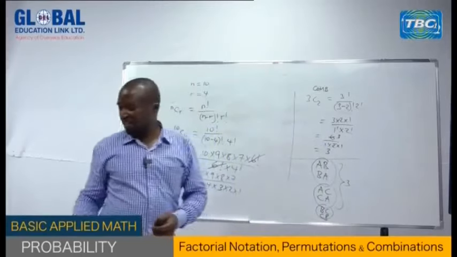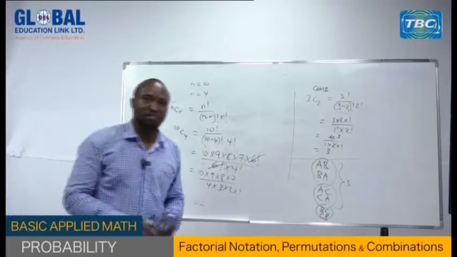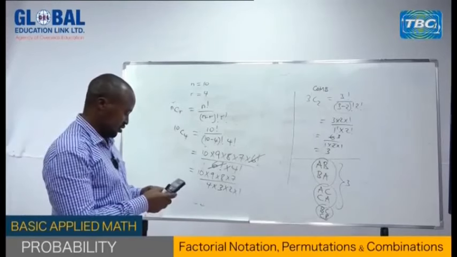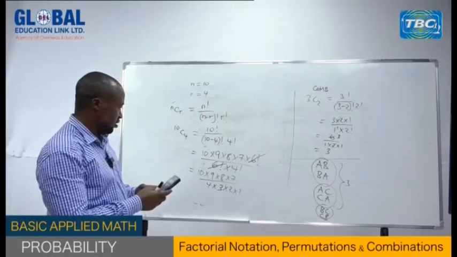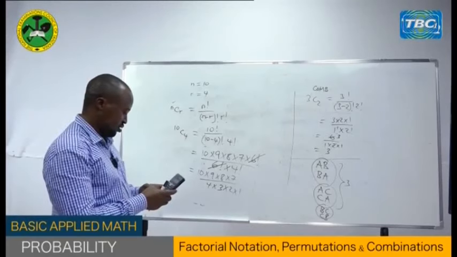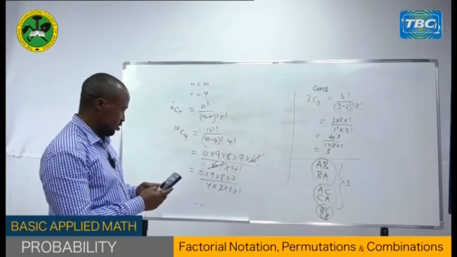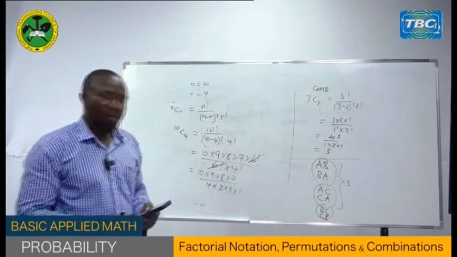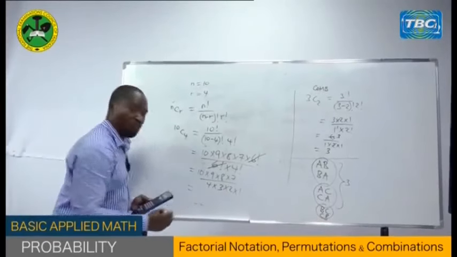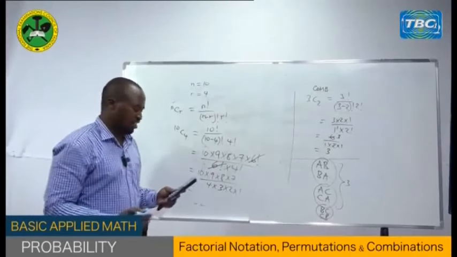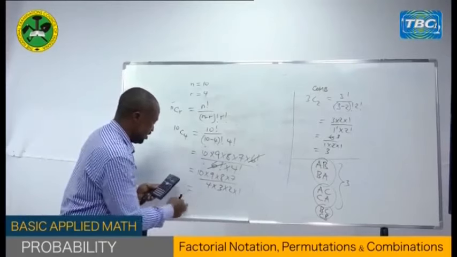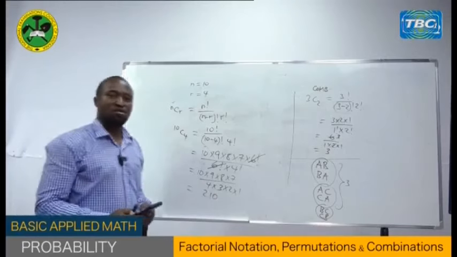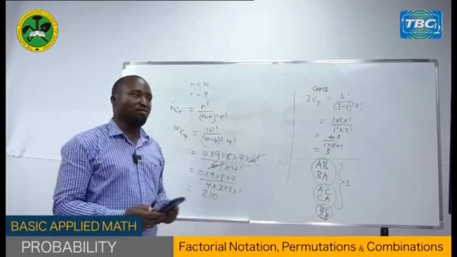Take your scientific calculator and proceed with me. I hope that you end up with the same answer as what I got here. That is 210. So 210, that is your final answer.